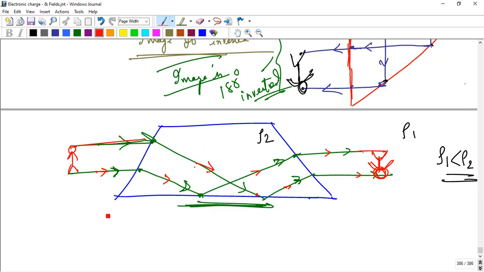And you see the image is 180 degrees inverted. Here also we use a trapezium type of prism, creating an image that is also 180 degrees inverted.